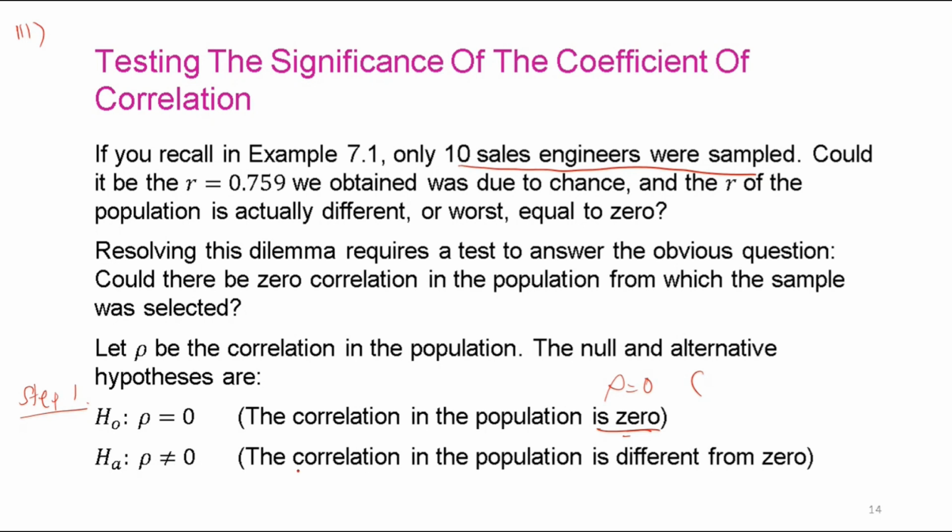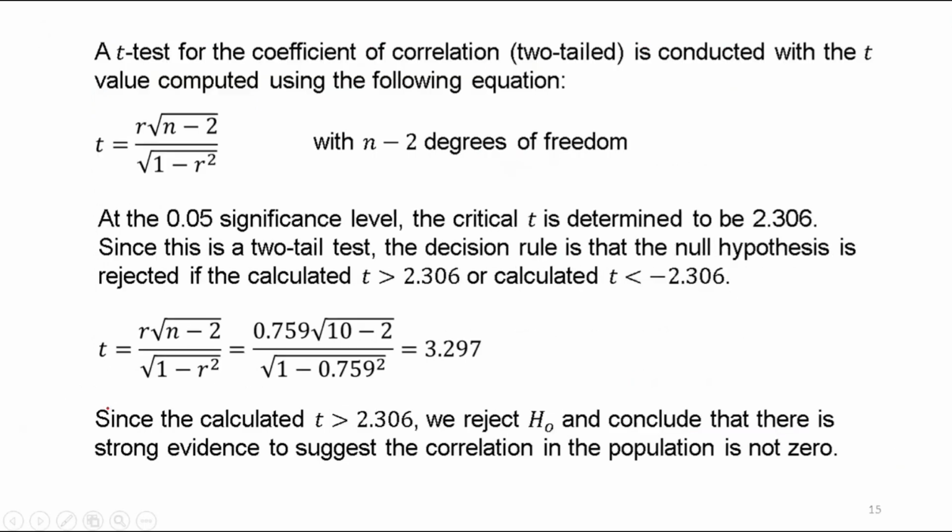The other one, the correlation in the population is different from 0, so it means they have some value. So actually this one has a relationship. So we want to test whether we need to reject the null hypothesis or accept the alternative hypothesis. It depends on the calculation.